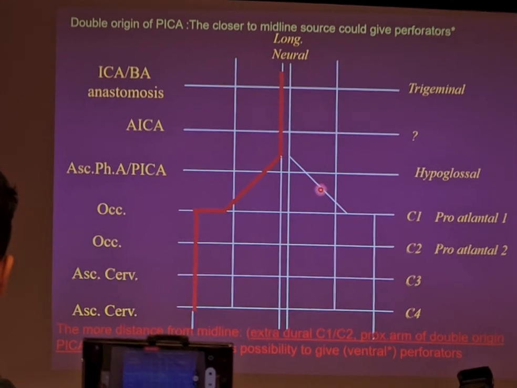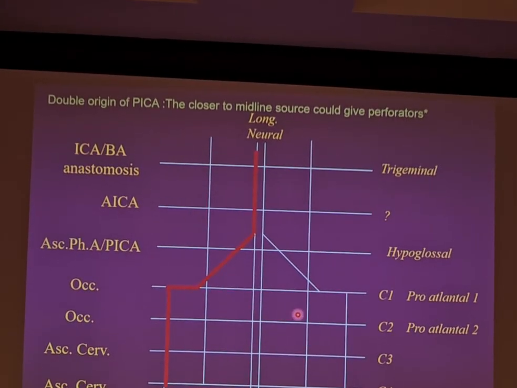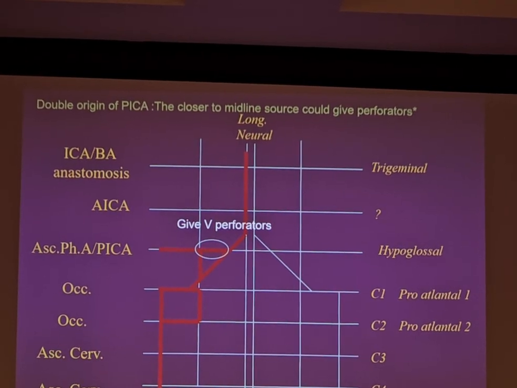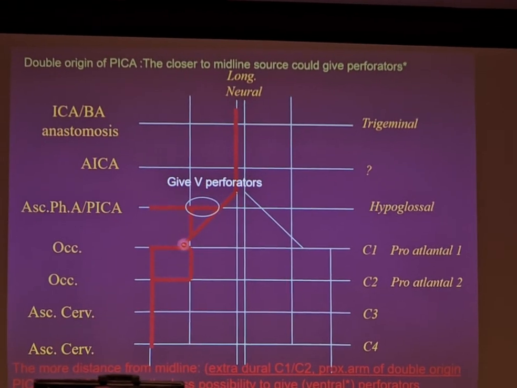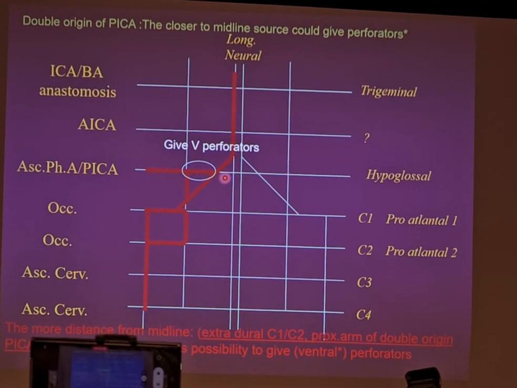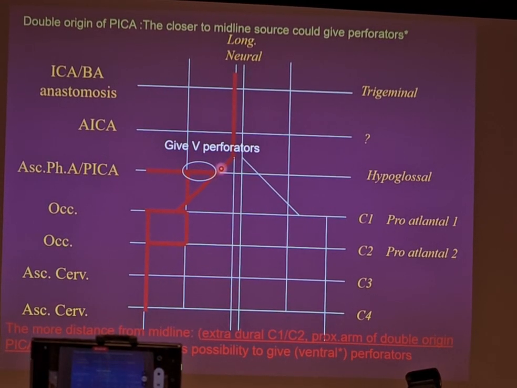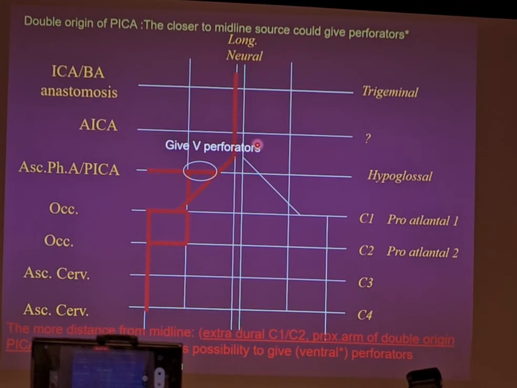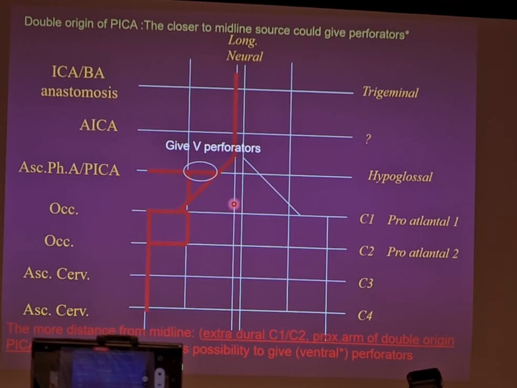Okay, so in double origin of PICA, this is the double origin of PICA. This is the one close to midline, so it has the chance to give perforators, while this arm is relatively far from midline. You understand? So there is less chance to give perforators.